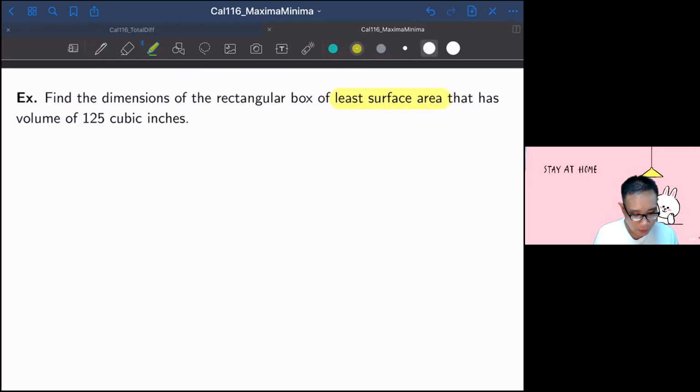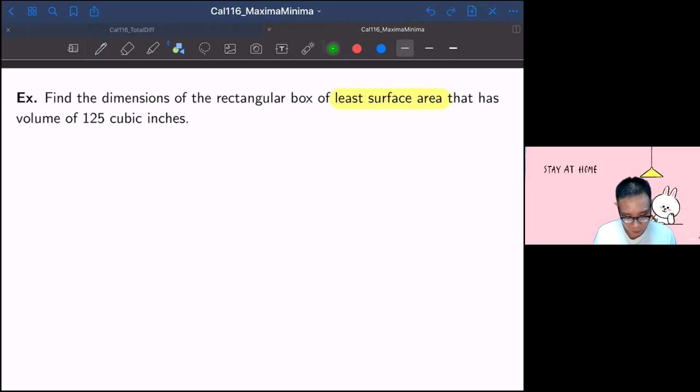So first of all, the question asks you to construct a rectangular box. The rectangular box has a width, a length, and a height.